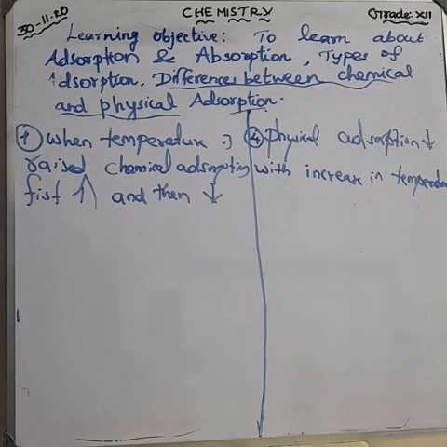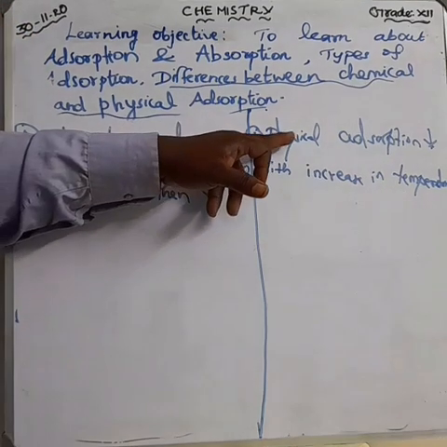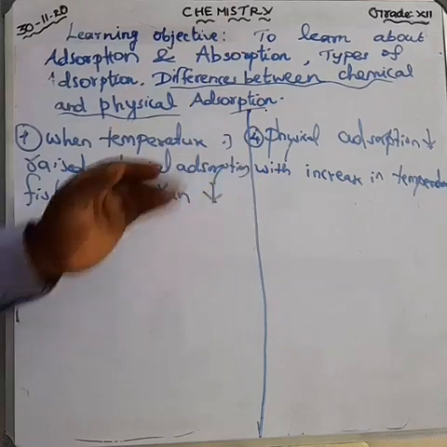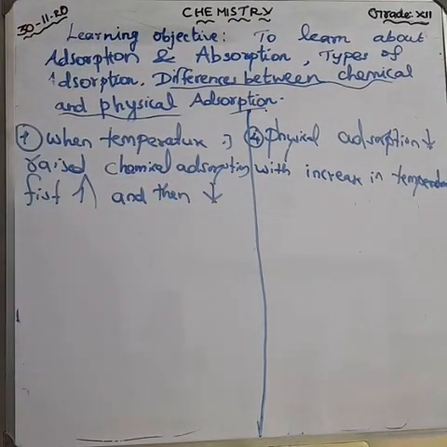Clear the point? What is the fourth point? When the temperature is raised in chemical adsorption, it first increases, then decreases. In physical adsorption, it decreases with increase in temperature. Okay. Next, the fifth point.